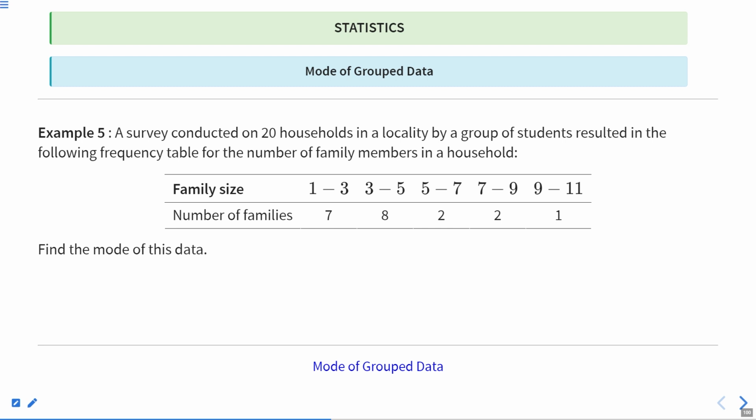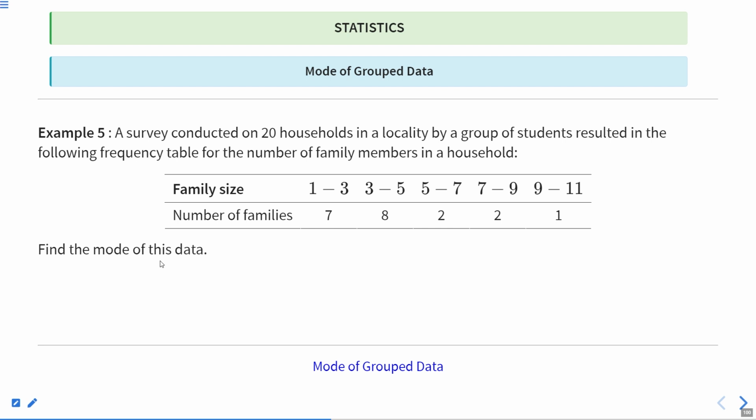Family size 3 to 5: 8 families. Family size 5 to 7: 2 families. Family size 7 to 9: 2 families. Family size 9 to 11: 1 family.